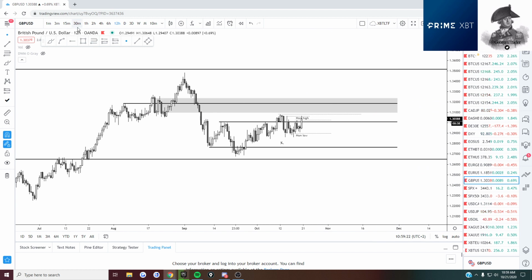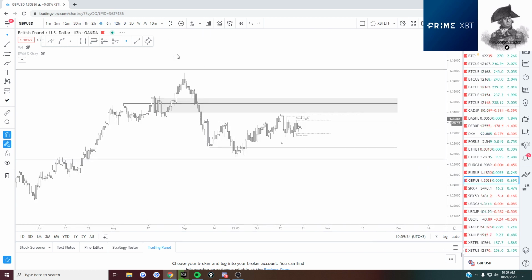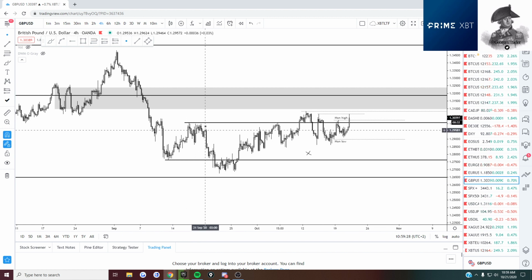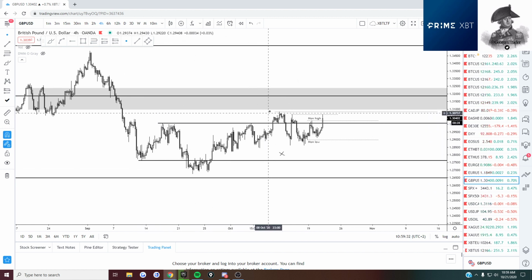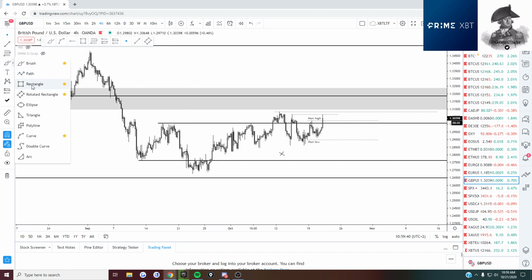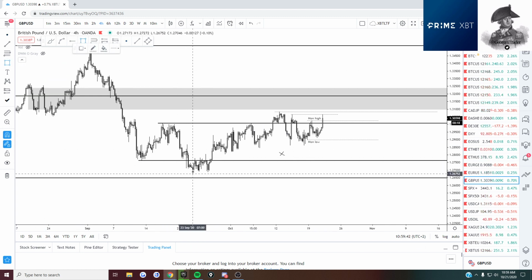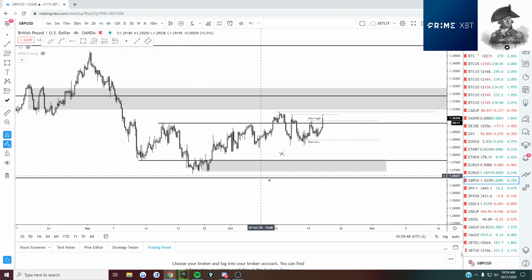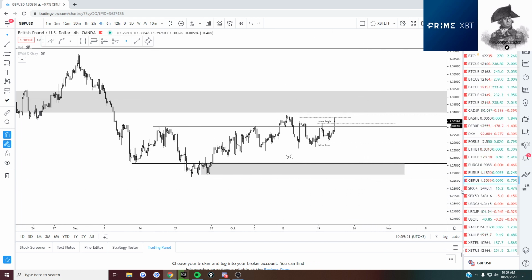On the lower time frames, I also marked out this key high as a range high, and this low as a range low. This high got deviated right here, got back below, retested, sold off again, and then the range low got deviated here, some sideways price action. Like this, so this is definitely going to be demand.